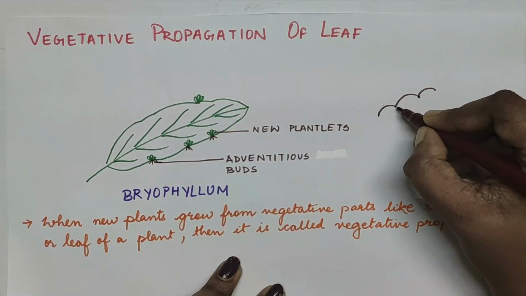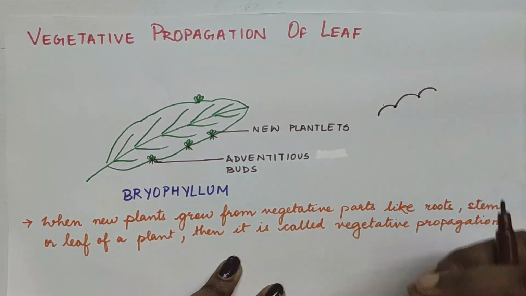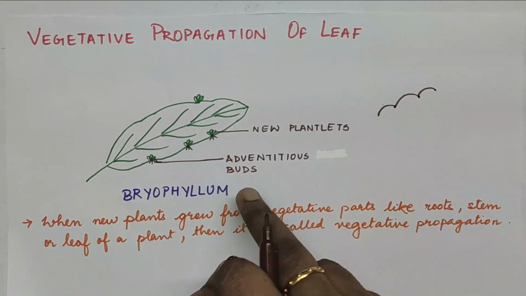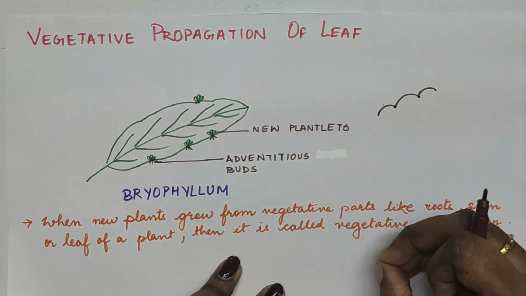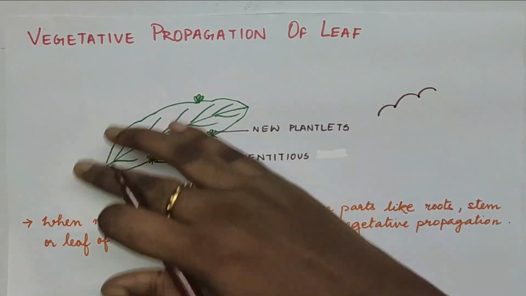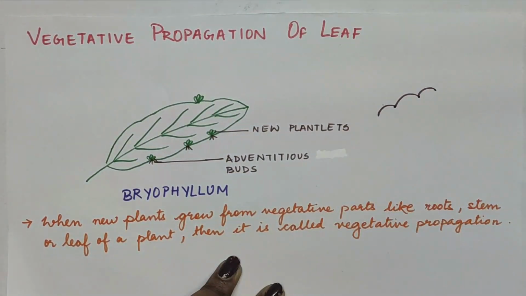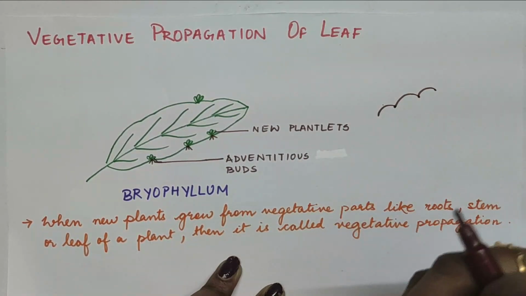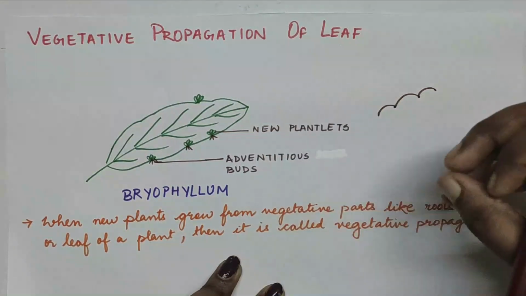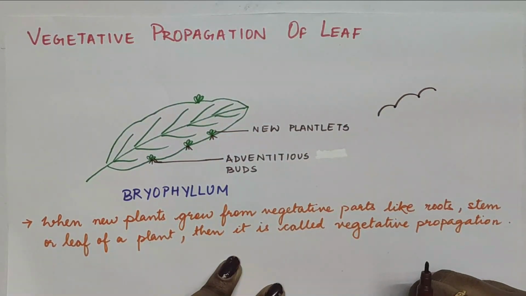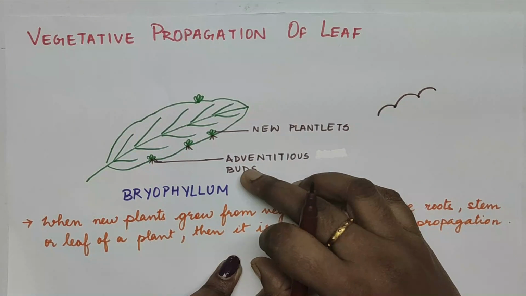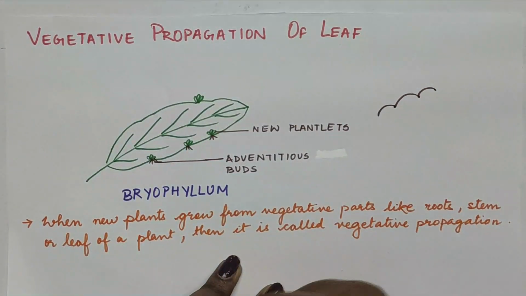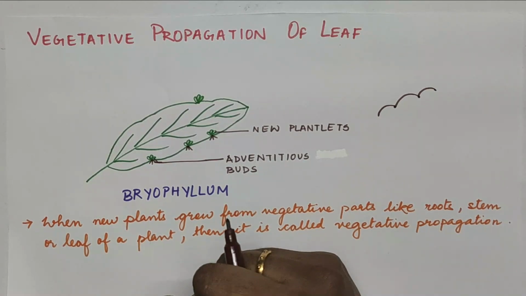In each of the notches, you will see that small plantlets or adventitious buds start arising, and after some time, if this leaf falls on the soil on the ground, the buds will develop into the new plantlets, and they can easily separate from the plant and grow as an individual plant. So through the leaf you can see that the plant is arising. So it is therefore known as vegetative propagation of leaf.